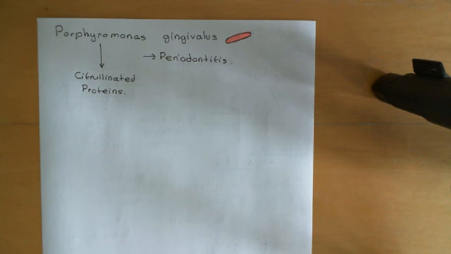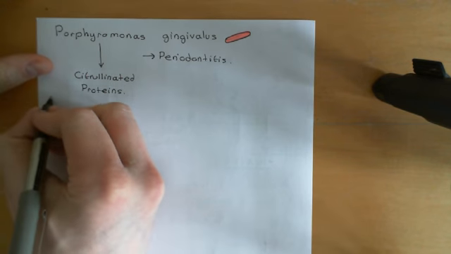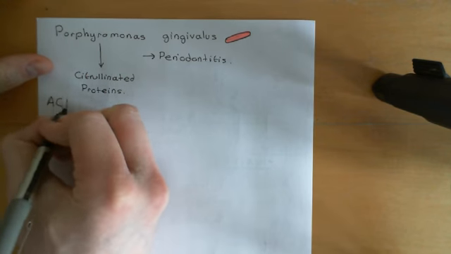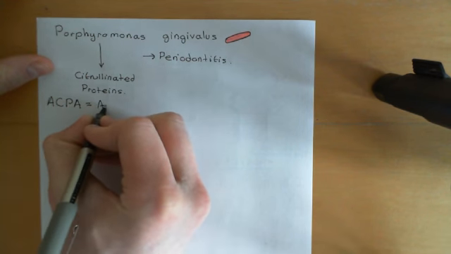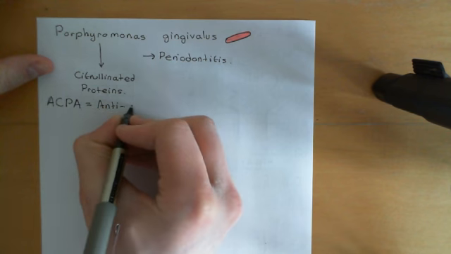Right, so I just want to give you one last piece of terminology with regards to this, and then I just want to mention rheumatoid factor. Another piece of terminology that people will often use is ACPA. And what this stands for is anti-citrullinated protein antibodies.